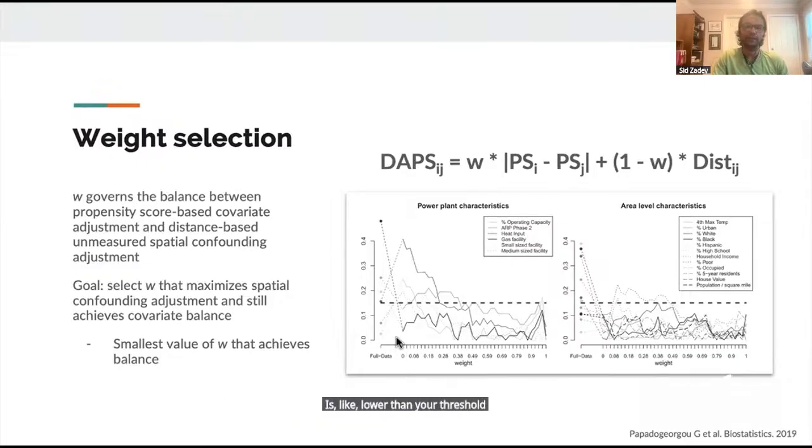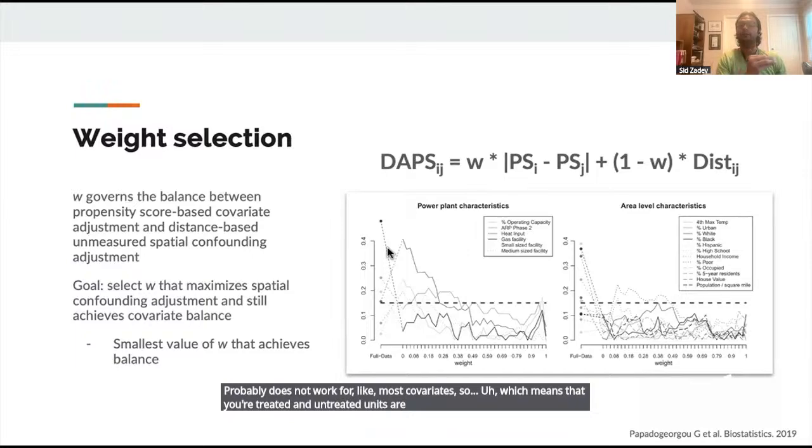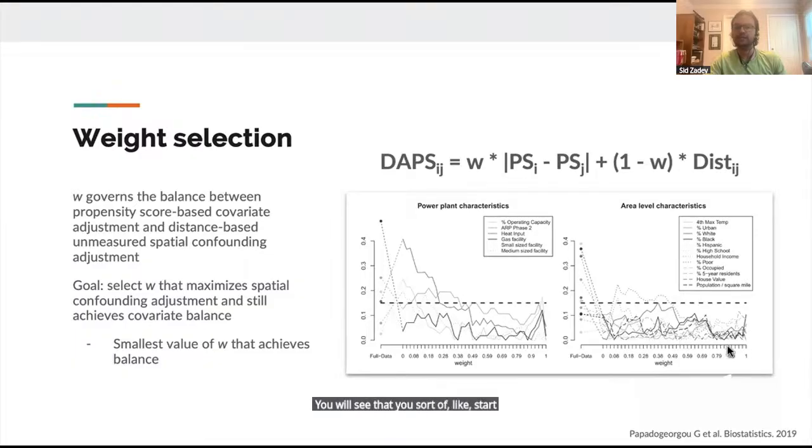A weight of 0 here probably does not work for most covariates, which means that your treated and untreated units are not balanced on that covariate. But as you go along, you start achieving that balance. Somewhere maybe around 0.5 or 0.3, you have that balance for most covariates. So that's the weight that you probably want to choose, right? Okay.